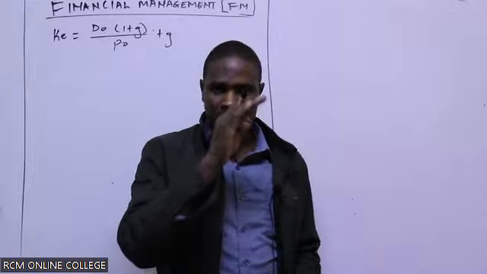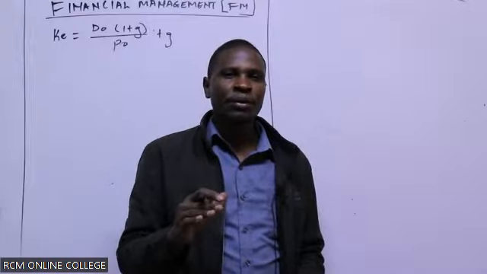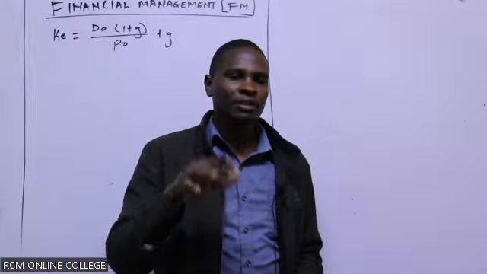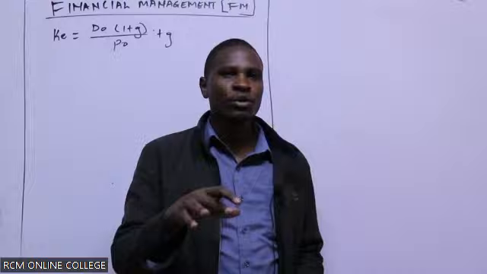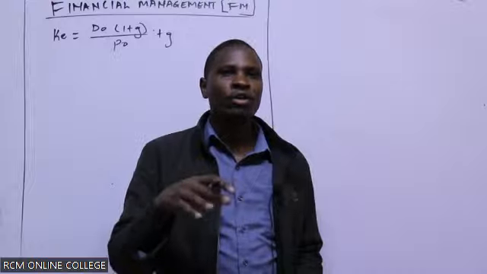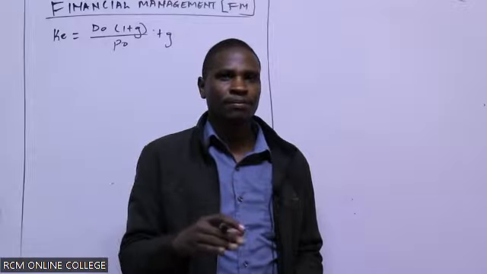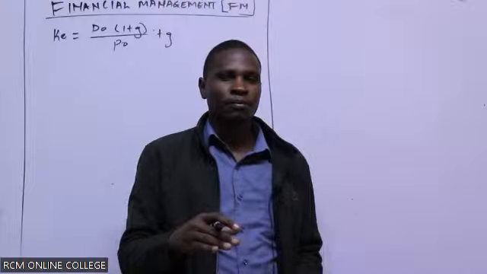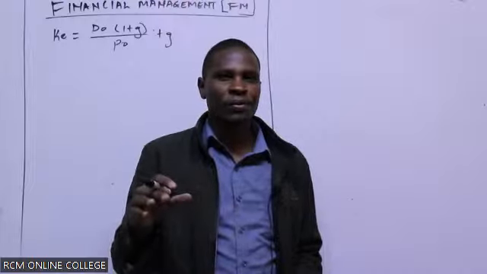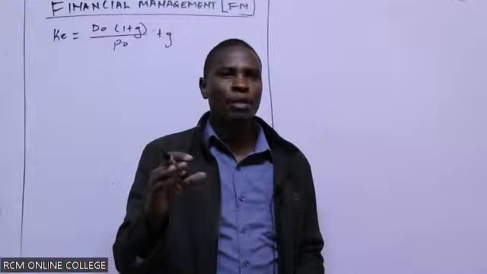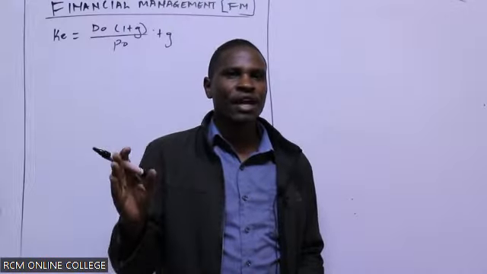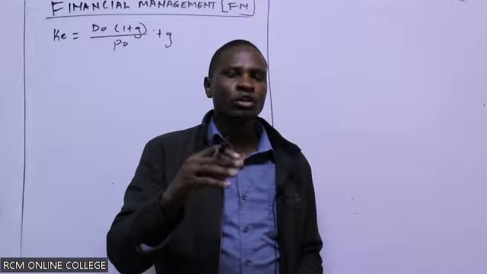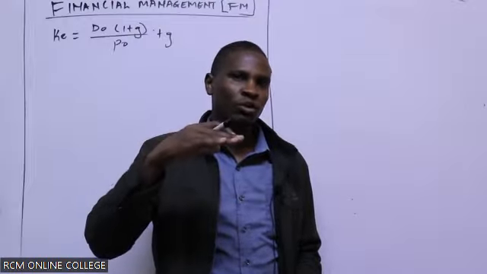Now, I want this to come from you. Between my explanation, when we are issuing new shares, I want you to compare the cost of ordinary share and the cost of retained earning and tell me which cost will be higher and which cost will be low.